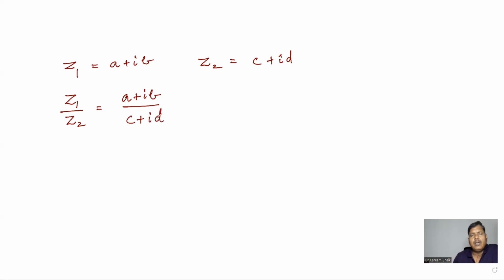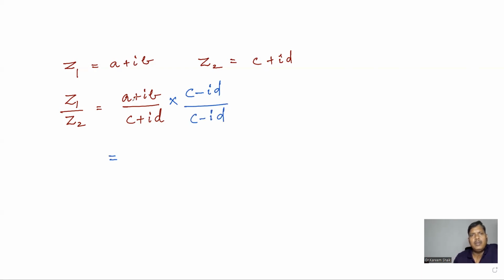I hope all of you know about rationalization. You learned in surds how to do rationalization. Here, I want to do rationalization. If you want to rationalize, I just multiply both numerator and denominator by c minus iota d upon c minus iota d.